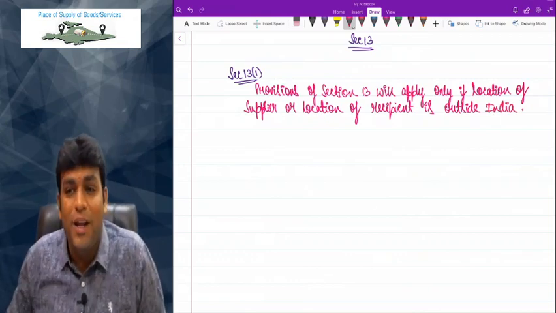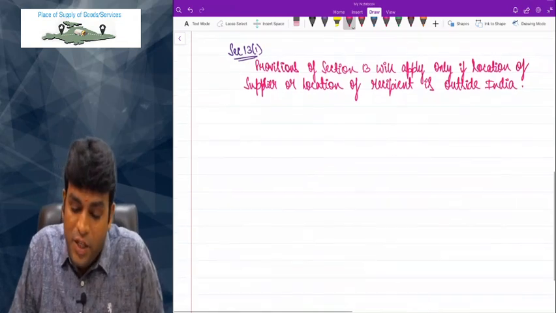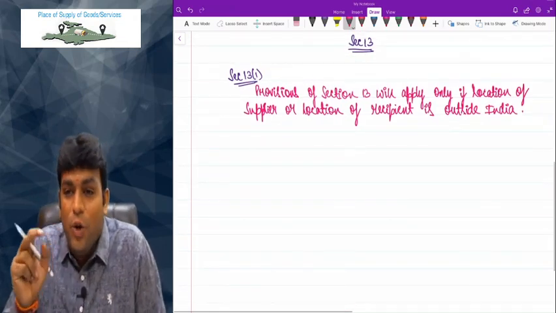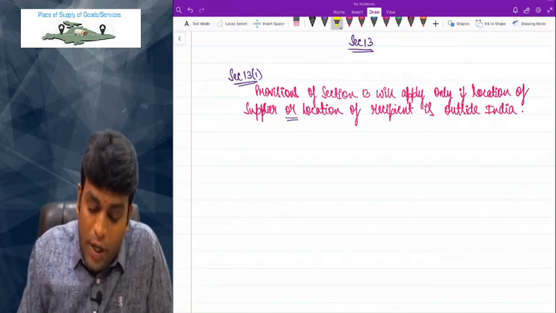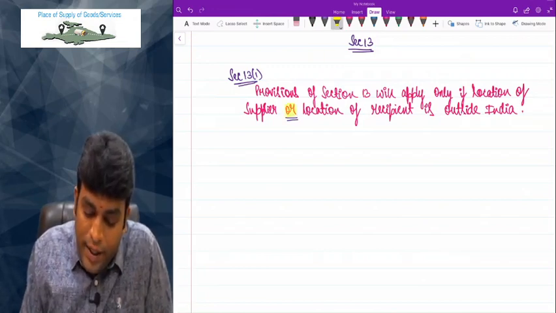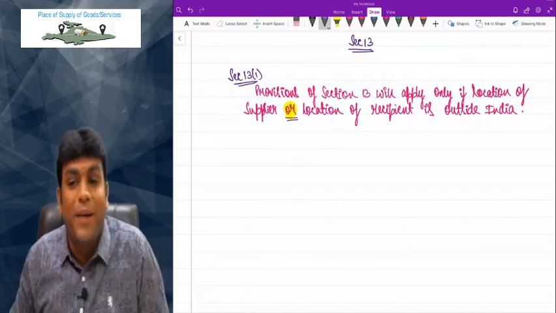That's it, my dear friends. Come on, what did I write there? Provisions of section 13 will apply only if location of supplier, and I'll highlight that word called or, location of recipient is outside India. That is a point you have to observe, my dear friends.